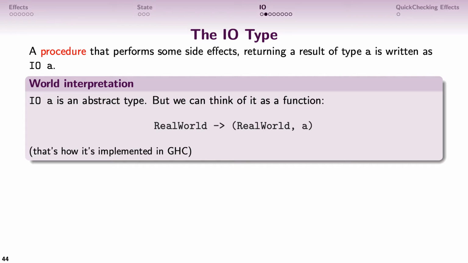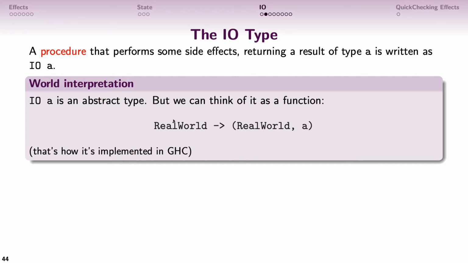So really the input to this function is the state of the entire universe, and it can have effects on the entire universe. Therefore its output is also a new universe which it has updated in some way. This is an abstract view of it, but this is actually how GHC models I/O functions internally.